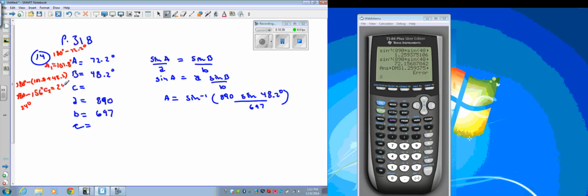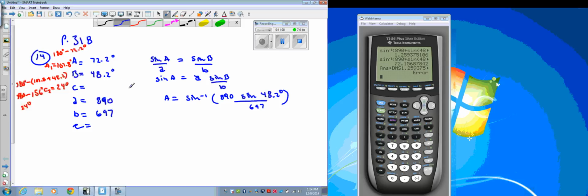So I could have A1 be 107.8, B be 48.2, and C2 equal 24.0.